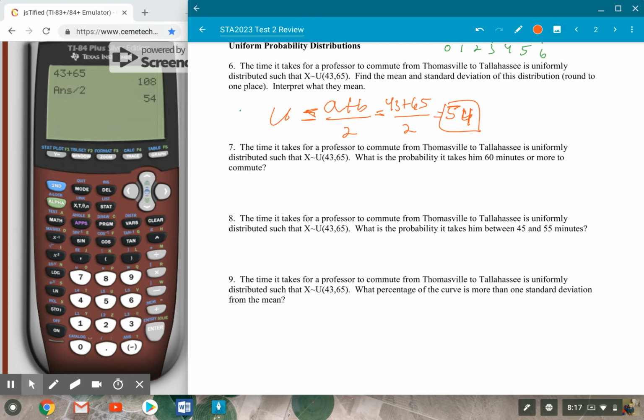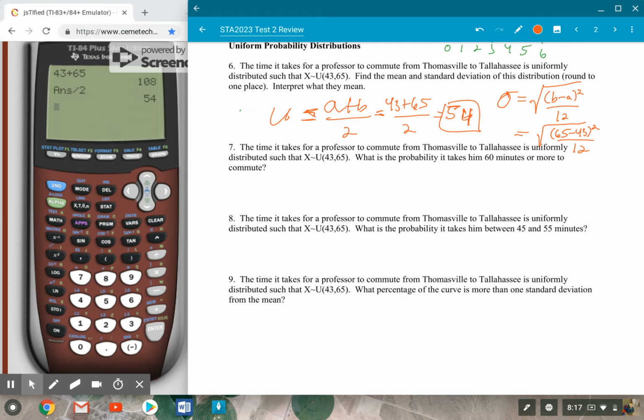Your standard deviation formula is the square root of (b minus a) squared, all divided by a constant of 12. So we're looking at b of 65 minus an a of 43, that's squared, all divided by 12.